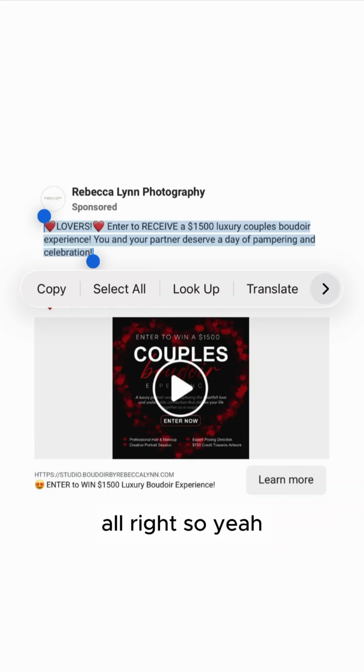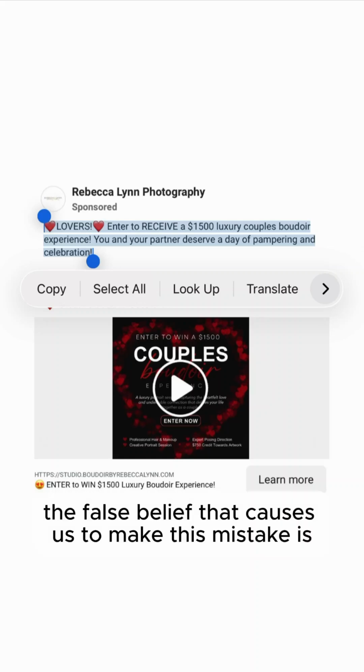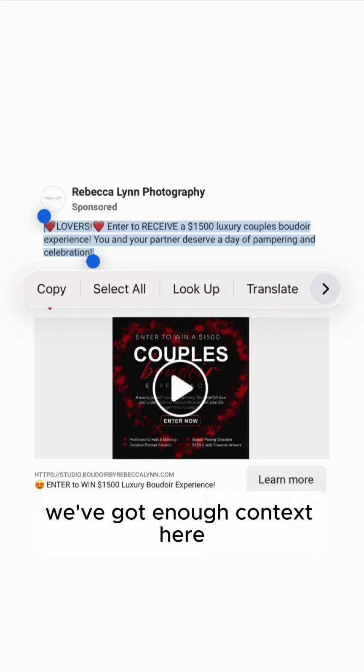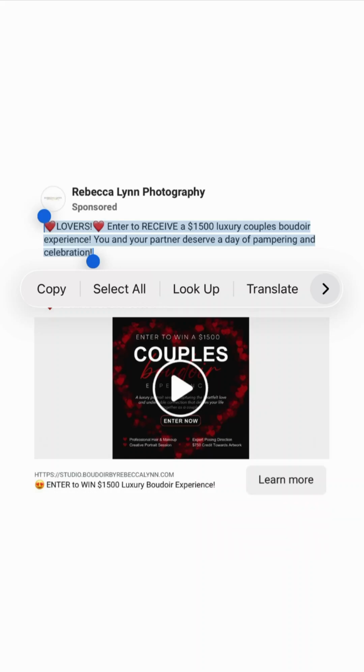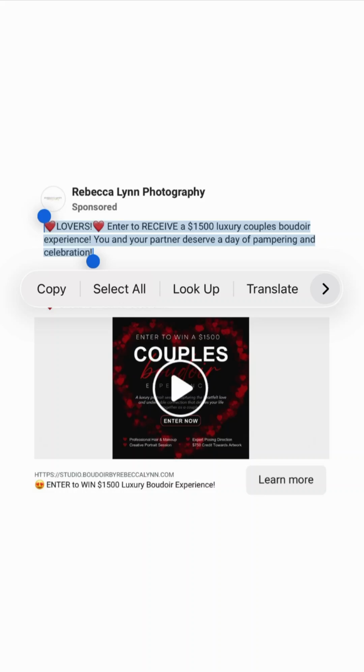All right, so yeah, we got a little bit of context here, but this is the lack of context mistake. The false belief that causes us to make this mistake is we believe that we've got enough context here to actually bring in more buyers, bring in more of who we want to bring in.